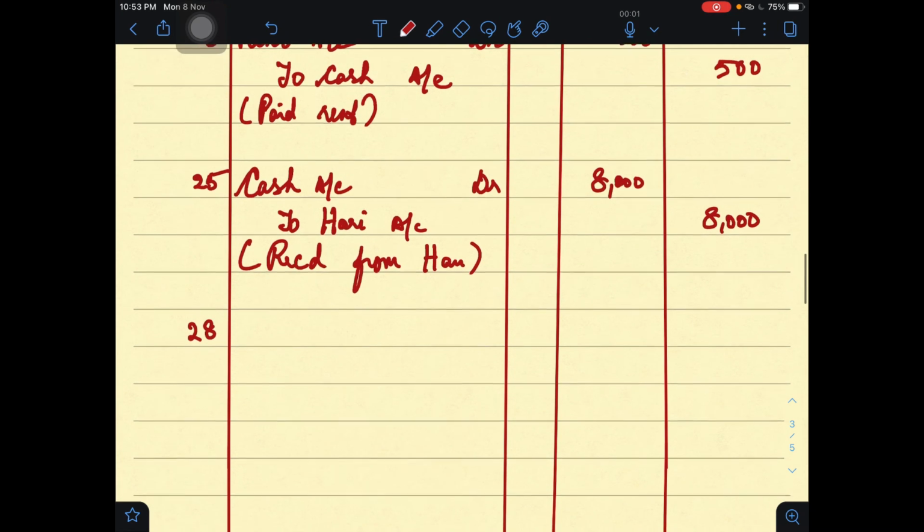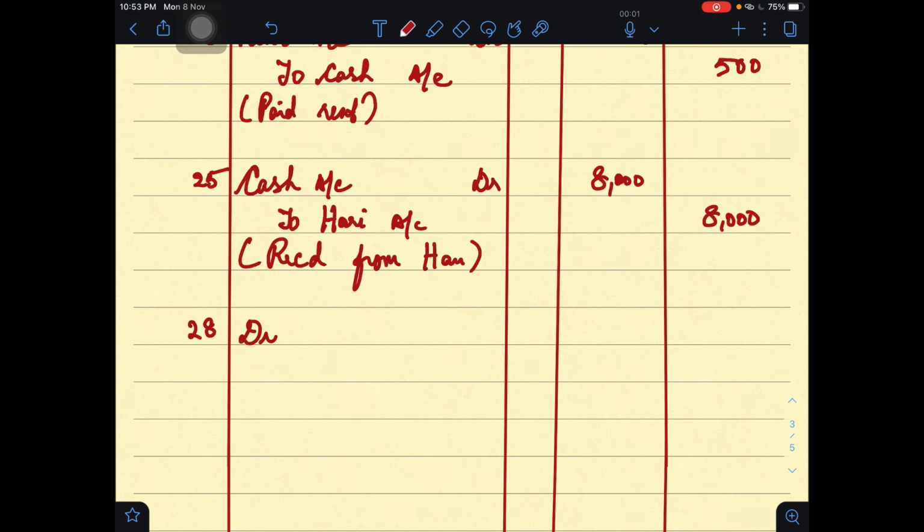So here what do we say, like we normally treat as capital for that given by the proprietor, we will debit drawings. So why do we debit? Because here the owner becomes a receiver in this case. So to the extent of 4,000 he has withdrawn. How has he withdrawn? In cash.